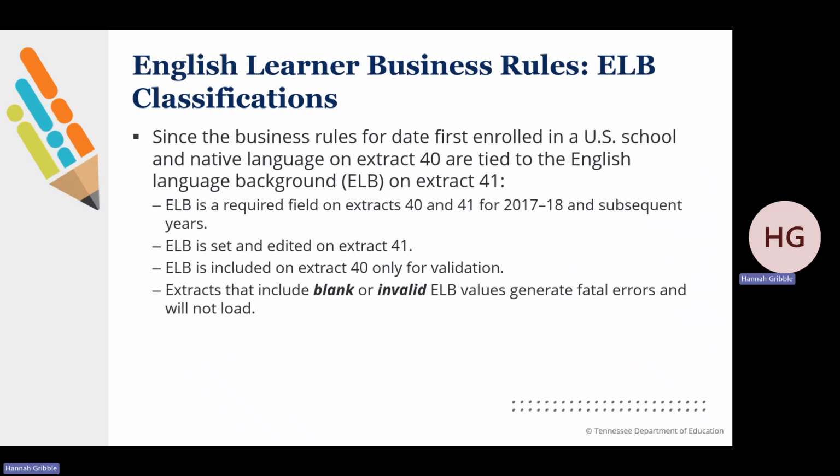The English language background is set and edited on Extract 41. English language background is included on Extract 40 only for validation. Extracts that include blank or invalid English language background values generate fatal errors and will not load.